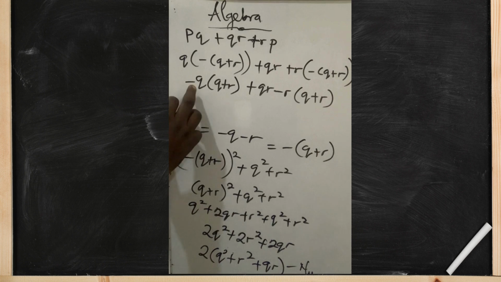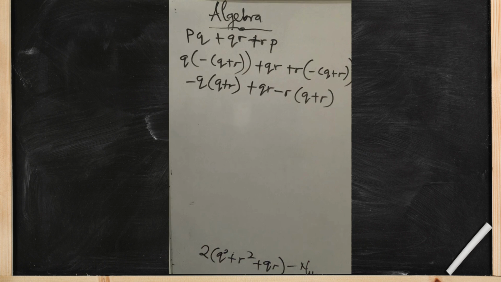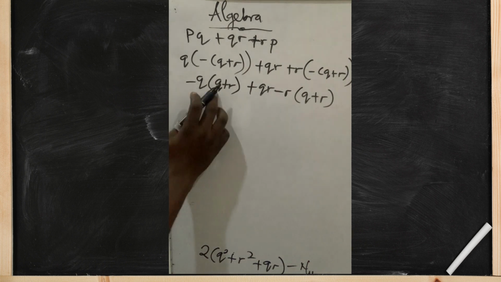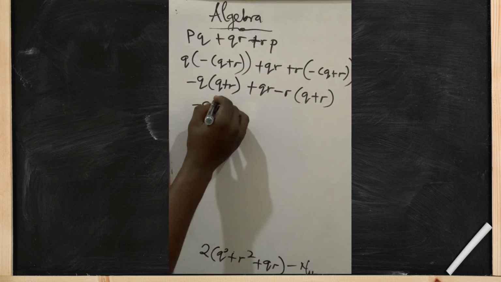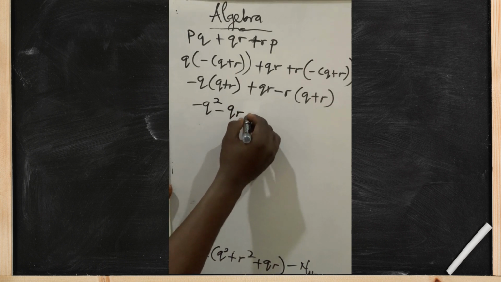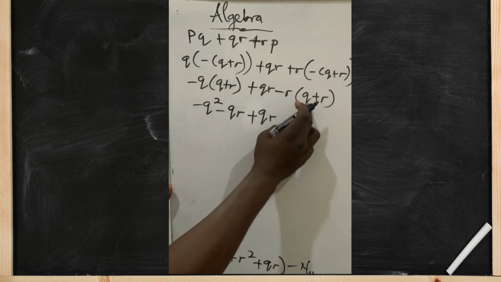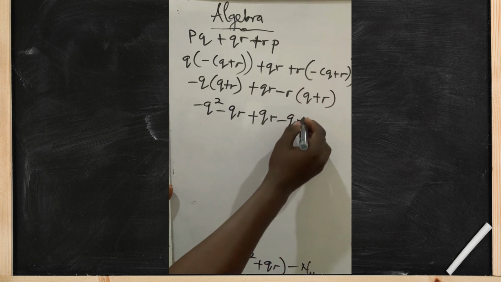right? So let's multiply out. So multiplying this out, minus Q times Q will give you minus Q square. Minus Q times R will give you minus QR. Then we have plus QR, which is this. Then minus R times this will give you minus QR.